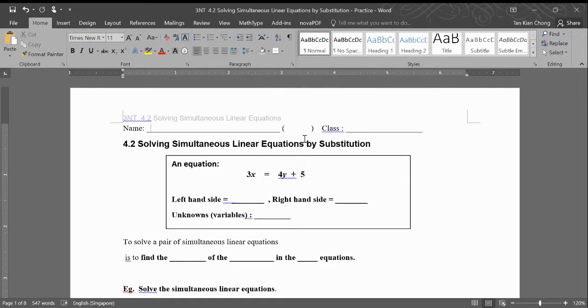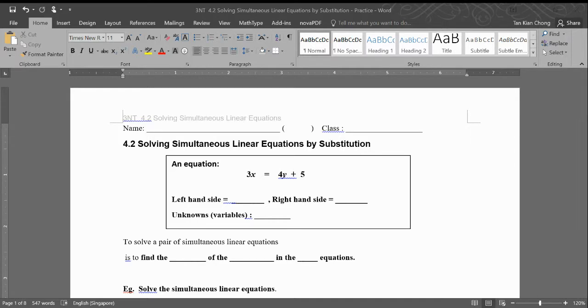Please open up your textbook and refer to page 112. Page 112, 4-1, solving simultaneous linear equations by elimination. Now I'm going to skip 4.1 and jump to 4.2.